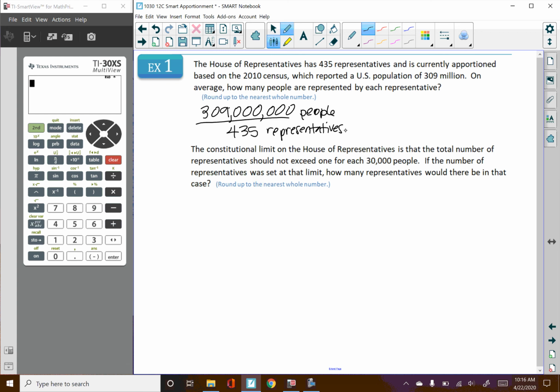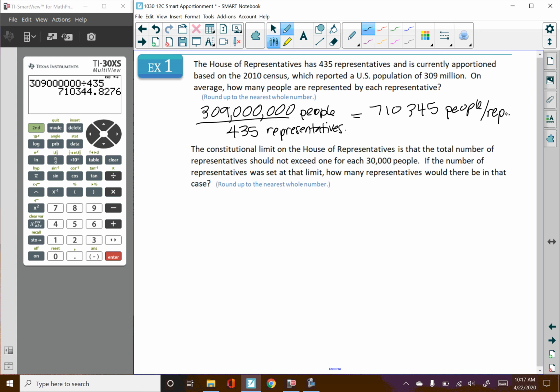Wow, handwriting is really good today. So 309 million divided by 435 means that we have an average of 710,345. It says round up to the nearest whole number. So we have 710,345 people per representative, on average.